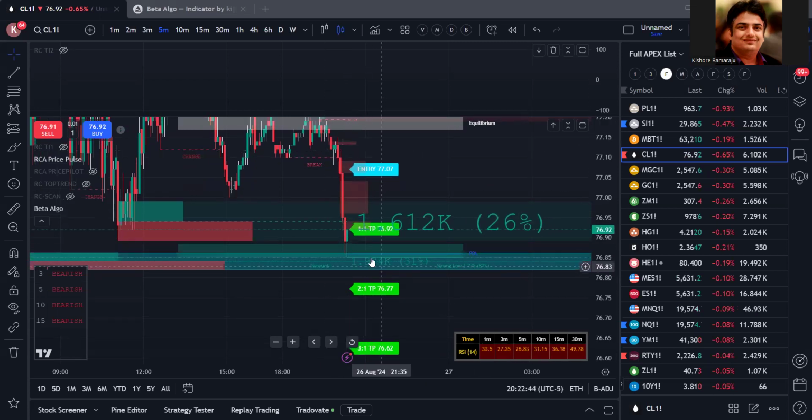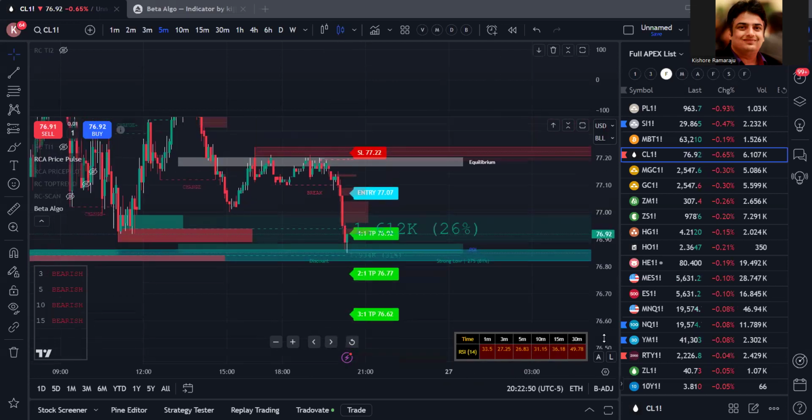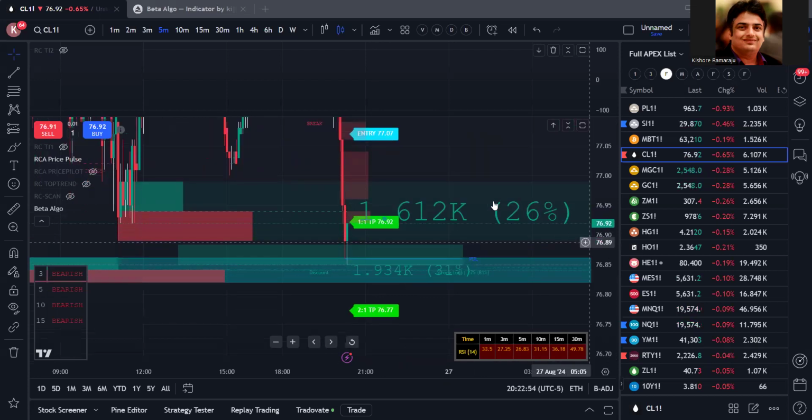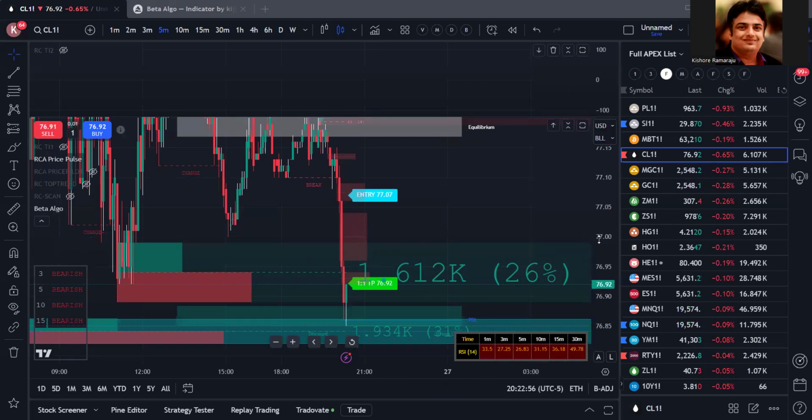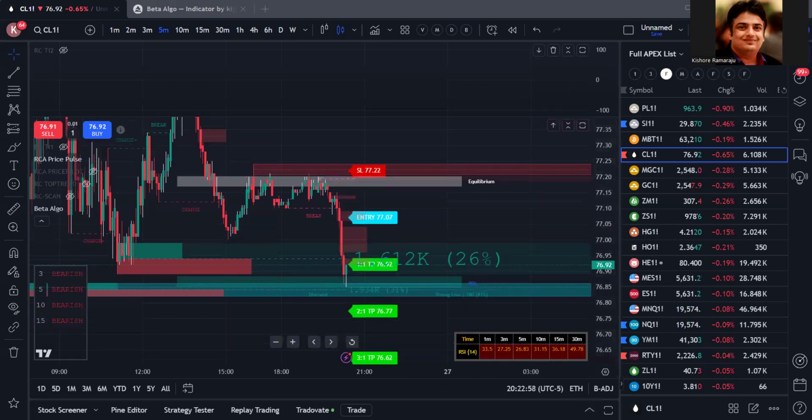So now there is a buy order block here. Came here, trying to bounce back. Also closed my personal account trade.